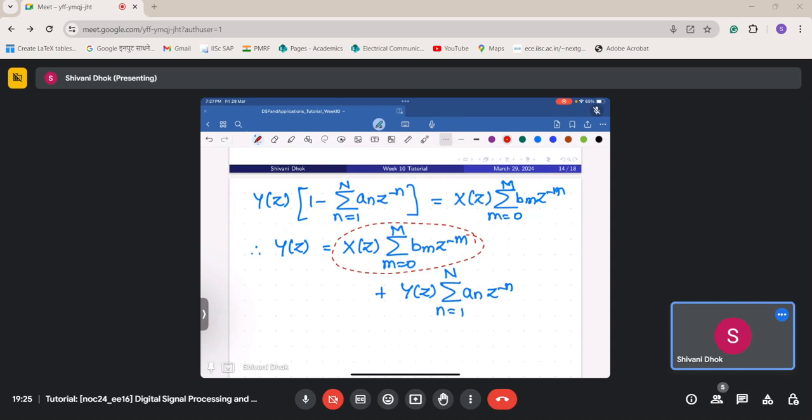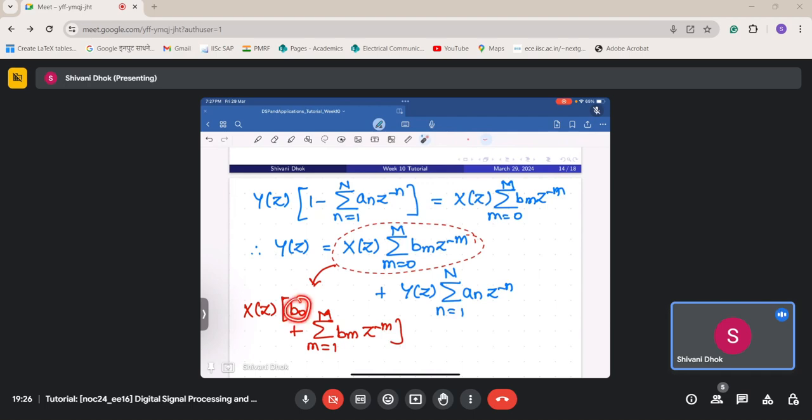So I can write this particular part as X(z) multiplied by b0 plus summation m equal to 1 to capital M of bm into z to the power minus m. So this particular part here, this b0, is not having any delay unit. This is a scalar multiplication happening.